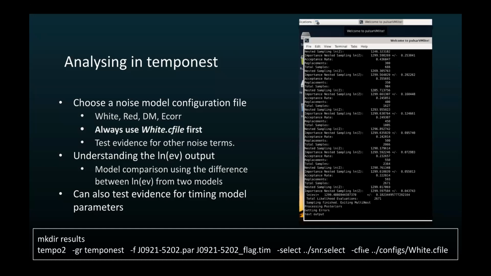We give it this -c file argument, which points to the noise configuration file that we want to use. So in this case, we go back a directory, and then we go into configs, which contains all of these noise models, and we grab the white.c file. Okay, and if you run that command, you would get something that looks like this output, and you would take note of the log evidence value.